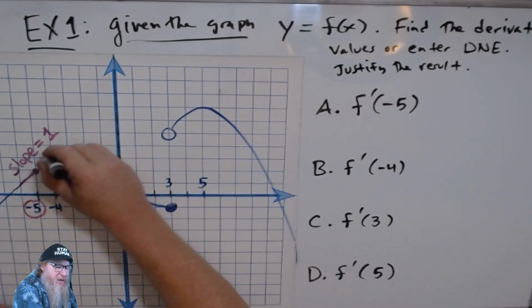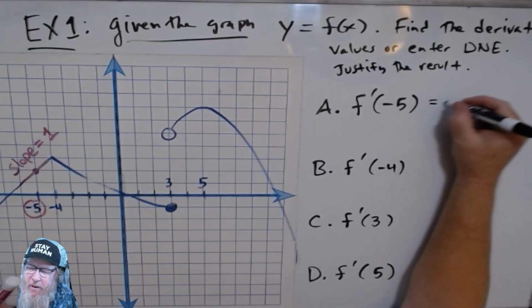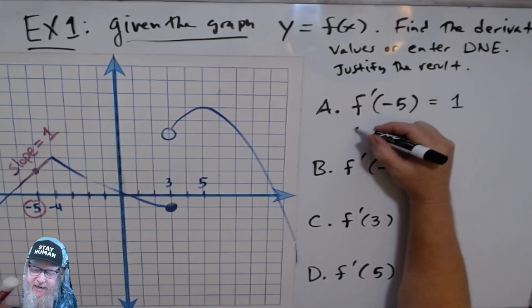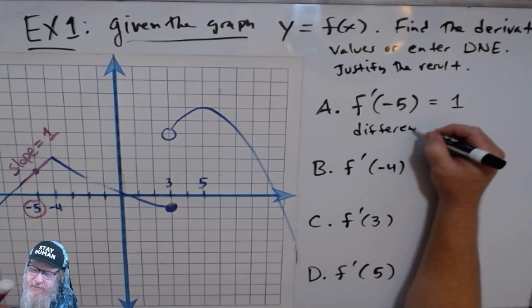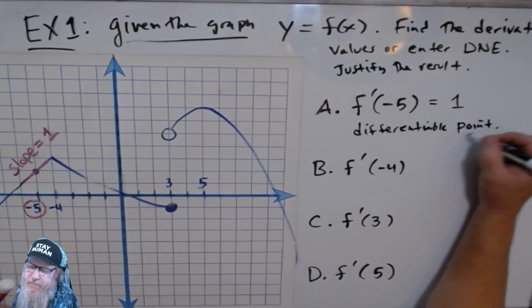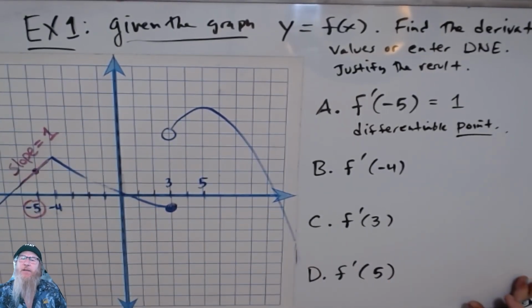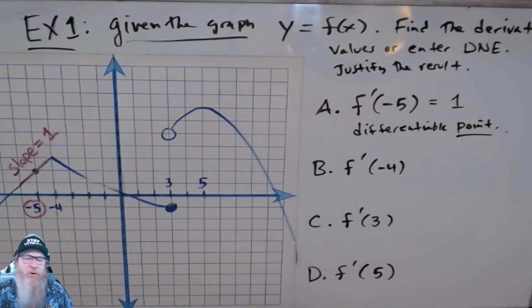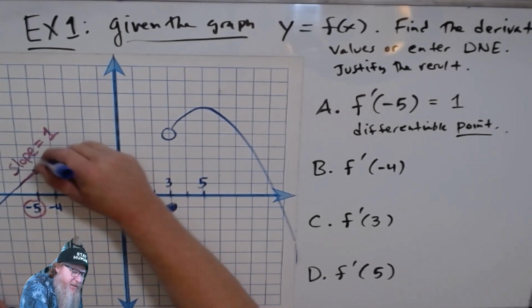If it goes right across the diagonal of one box, that's a slope of 1. It's like the rise and the run are both 1. So this is a differentiable point. In other words, this point is differentiable because we're not yet at the corner, right? It doesn't become non-differentiable until you get to the corner.